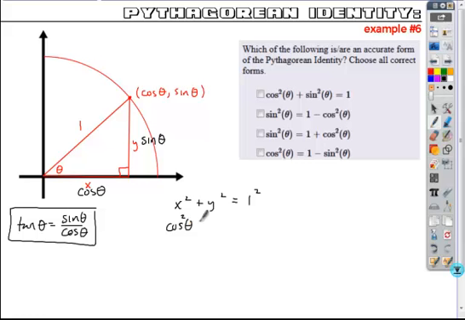So this is cosine squared theta plus sine squared theta is equal to 1. Because we can create this identity from this right triangle, this is the Pythagorean identity.